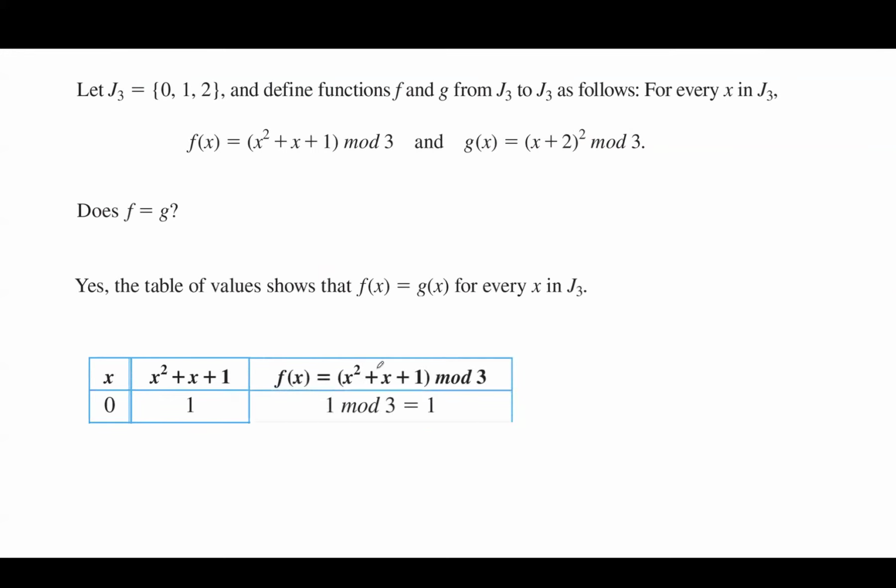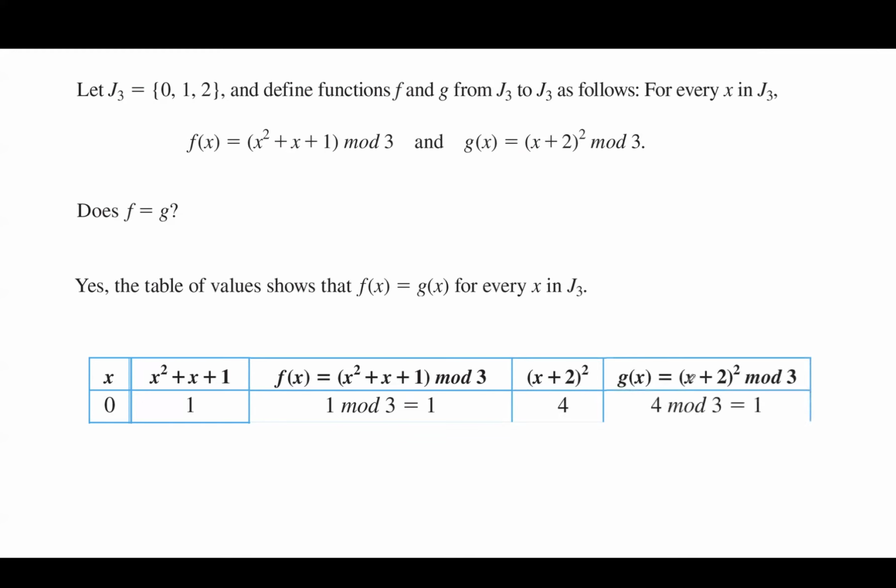Now, x squared plus x plus 1 mod 3, 1 mod 3 is 1. Now, if you calculate (x plus 2) to the power 2, it is 4. So (x plus 2) to the power 2 mod 3 results in 1. 4 mod 3 is 1.